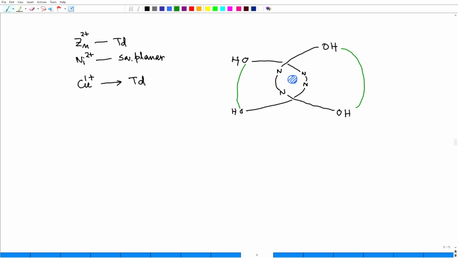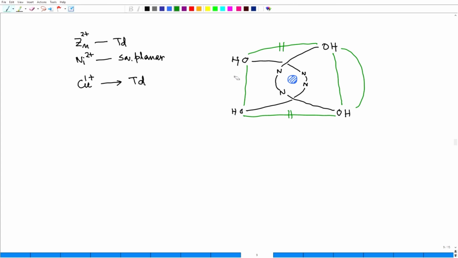The distance from this one to here and this one to here will be very different from the distance from here to here and here to here. So, the distance will be very different.